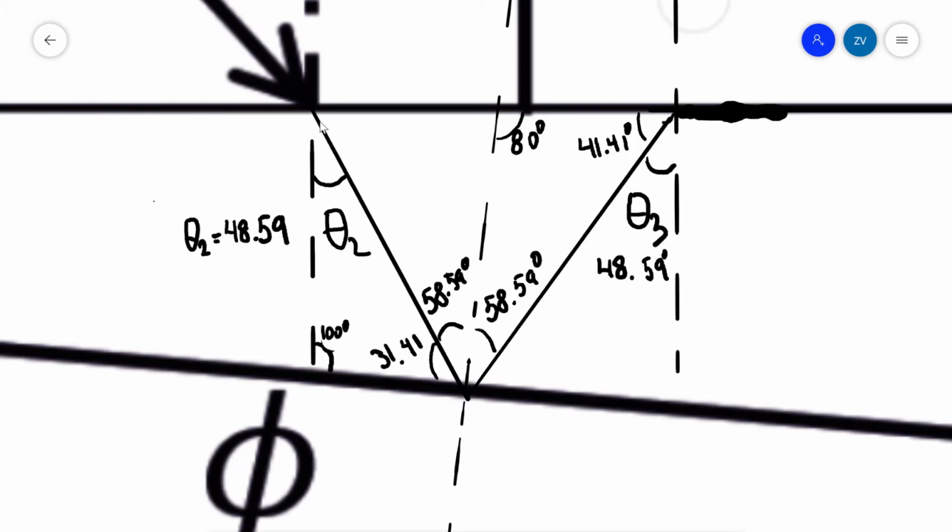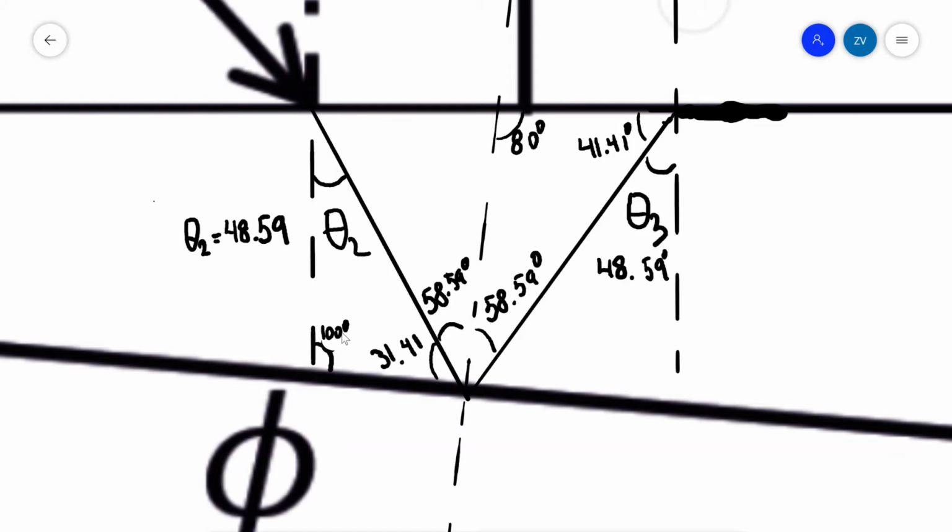Now that we're dealing with the normal to the first surface along this line, the angle here is going to be 90 degrees plus 10 degrees more because the surface dips a further 10 degrees. So that's going to be 100 degrees.